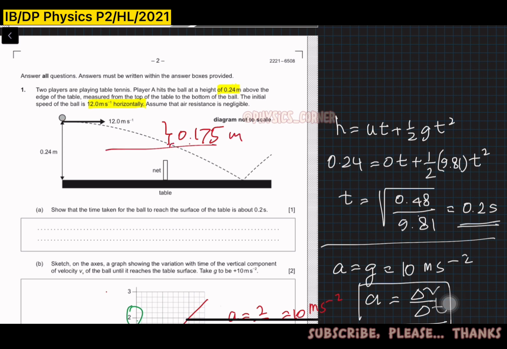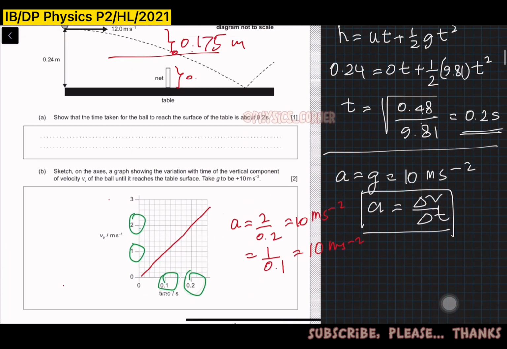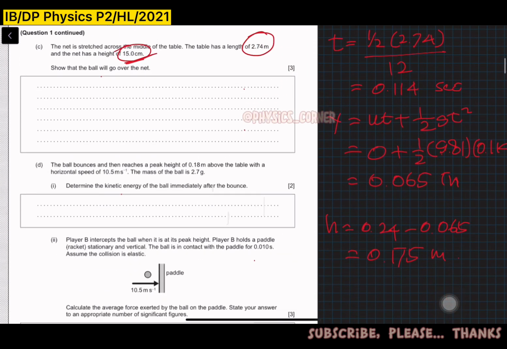So the ball is still passing the net, because the net is 0.15 meter. So we still have 0.25 meter here. That's it. So the ball is passing over the net. Okay, that's it.